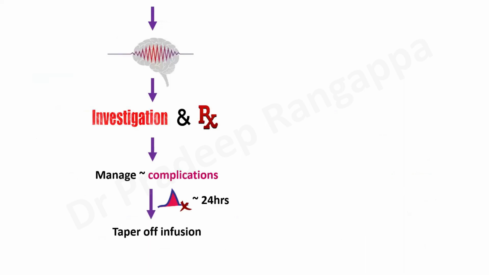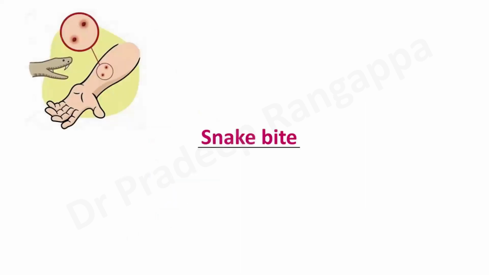And if the patient is seizure free for 24 hours, then one can look at tapering off and slowly weaning off the infusions that the patient may be put on. So this is in brief the protocol that one could set up in ICU to immediately treat the seizures, and then you can start other oral medications as deemed appropriate.